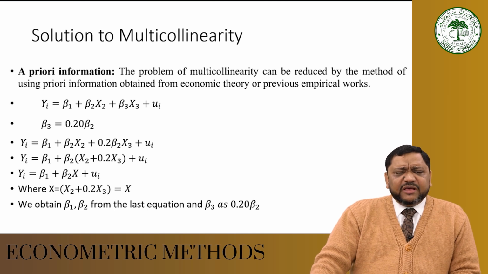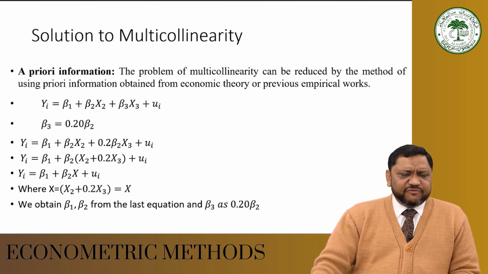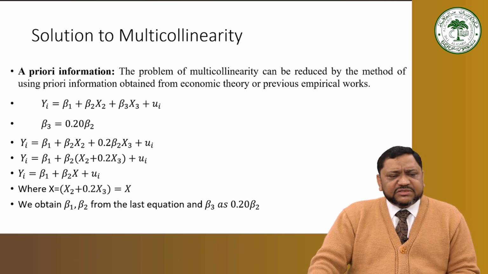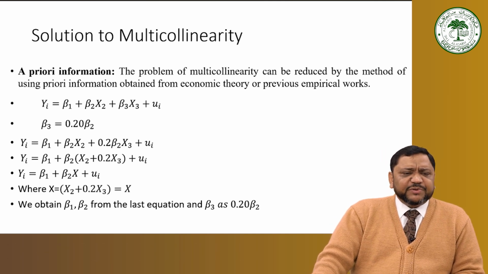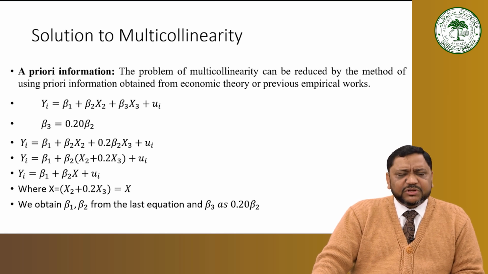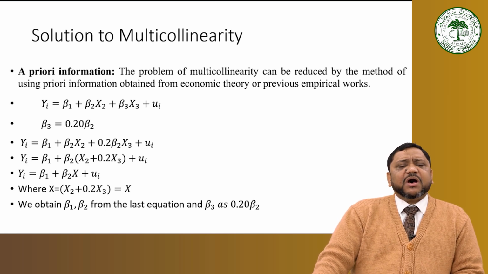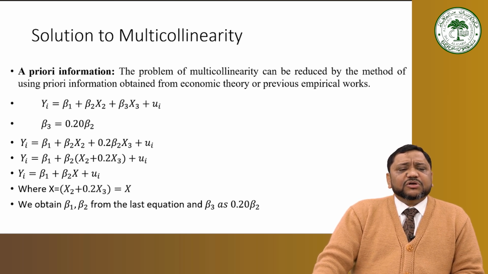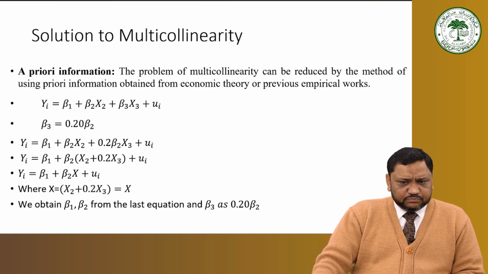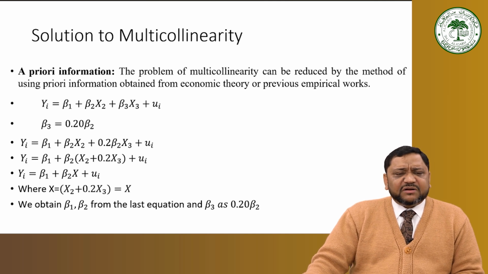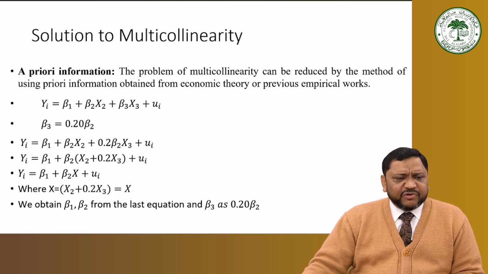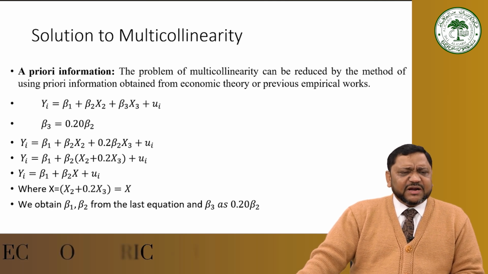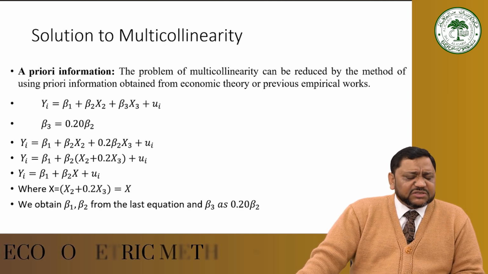Next, if we have a priori information, if we know something beforehand, like an example: y is equal to beta 1 plus beta 2 x2 plus beta 3 x3 plus ui. Now, if we somehow know that beta 3 is equal to 0.2 times beta 2, it may be that one of them is income and the other one is wealth, so a sort of relationship can exist between these two.